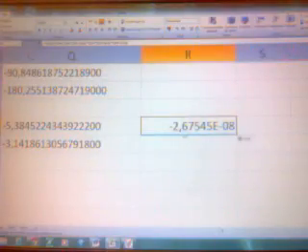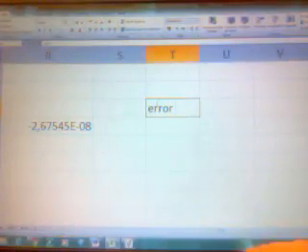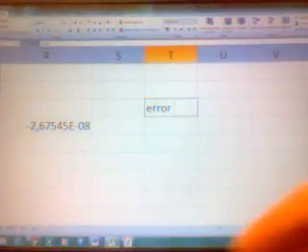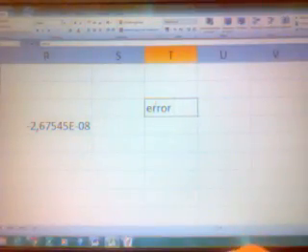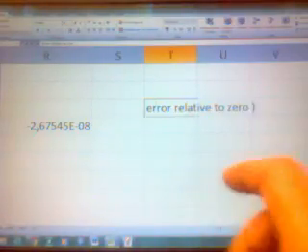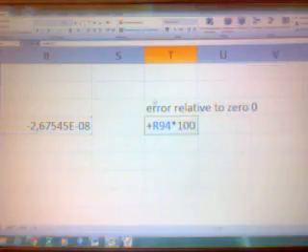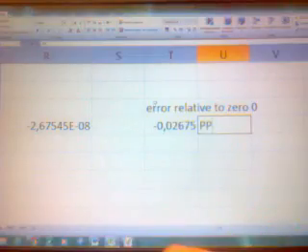This is minus 2.675 times 10 to the minus 8. And so there is an error relative to 0, of plus that times 1,000,000, ppm, parts per million, which is fairly good.